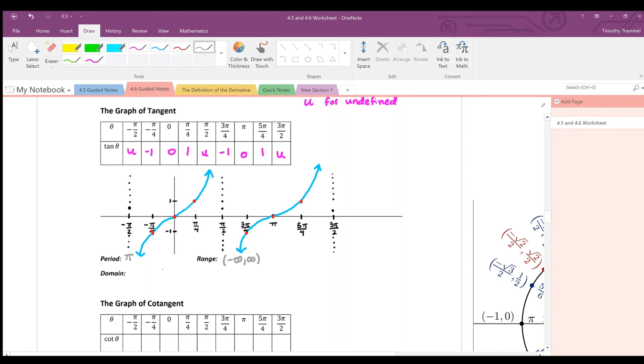And there is actually a compact way we can write the domain here, but we're not going to get into that. We'll just write it in kind of a lengthy way just because it's a little bit easier. So our domain is still all real numbers except really where those asymptotes are.